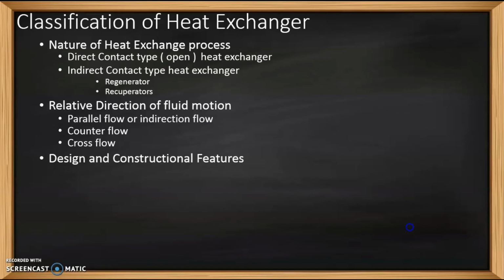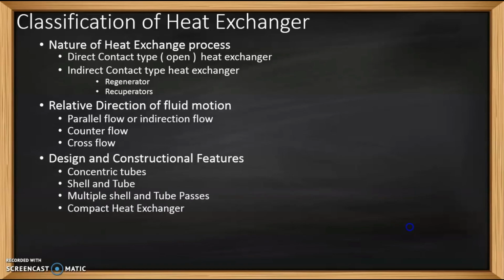Based on this criterion, we can classify the heat exchanger into 4 categories: first is concentric tube type heat exchanger, shell and tube heat exchanger, multi-shell and tube passes heat exchanger, and compact heat exchanger. The fourth and last criterion for the classification of heat exchanger is based on physical state of fluid. Based on this criterion, we can classify the heat exchanger into 2 categories: condenser and evaporator.